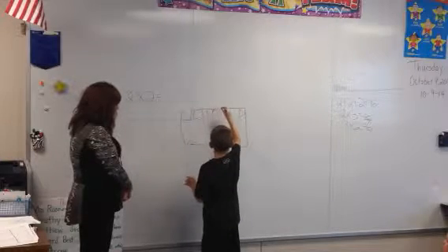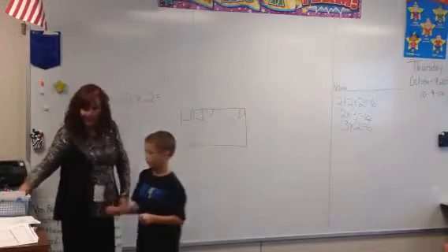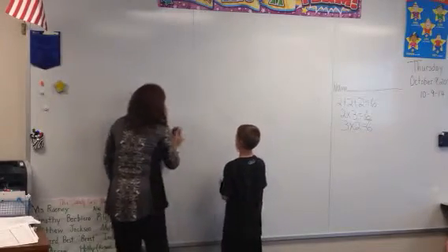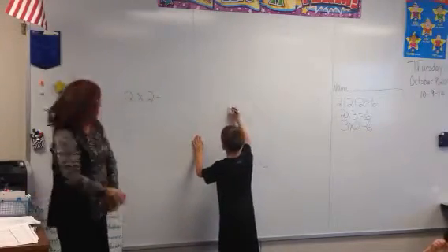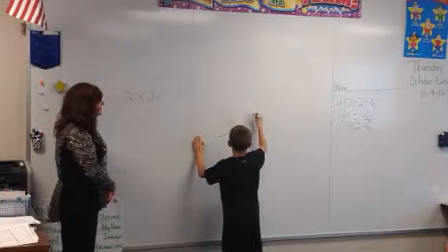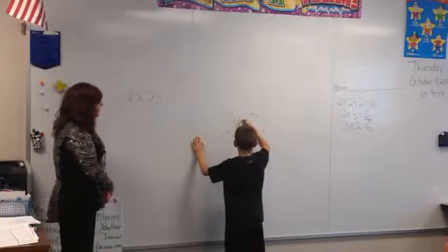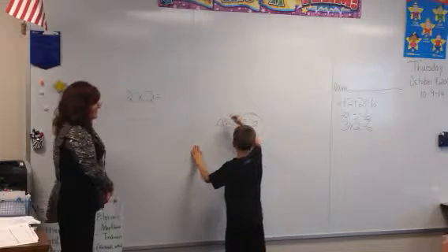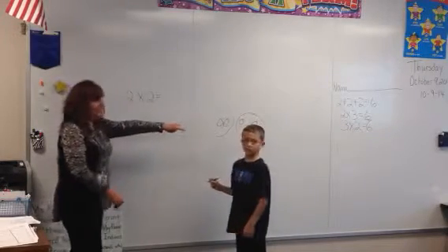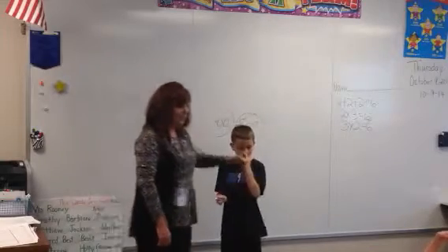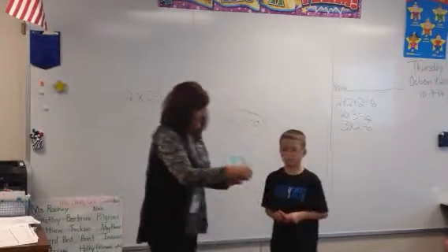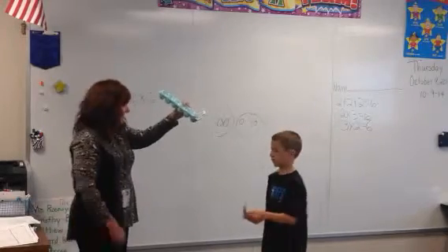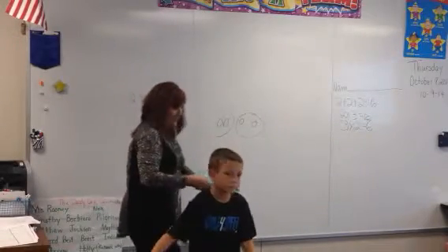You can show me your egg carton in just a minute. Can you draw some circles and show me what 2 sets of 2 would look like? There you go. Very good. Thank you, Tate. So Tate did 2 groups of 2, and in his egg carton, that's what he showed. Good job, Tate.